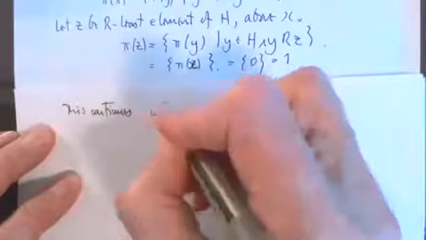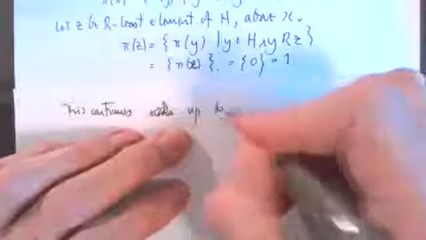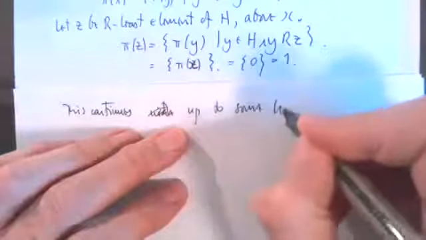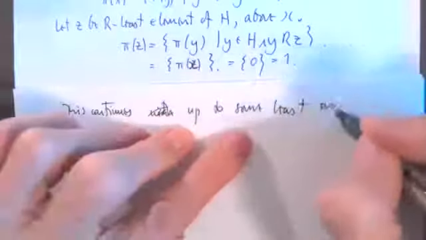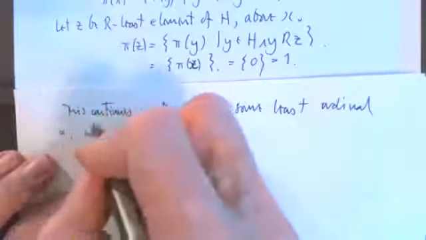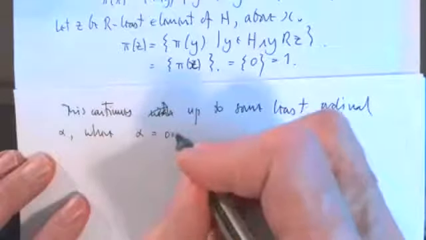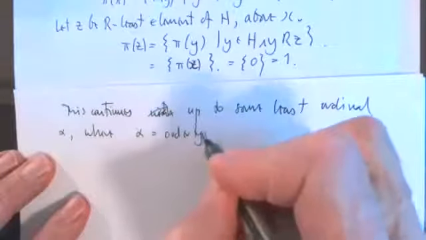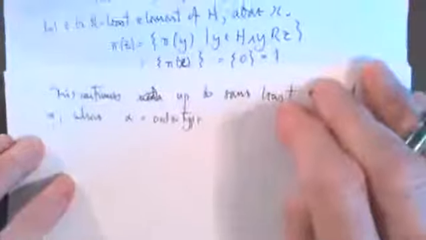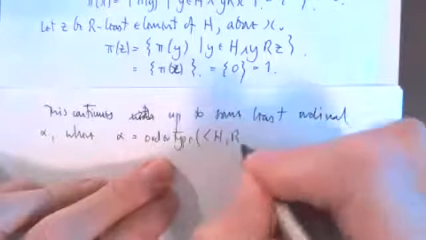This continues up to some least ordinal alpha, where actually alpha is the order type. An order type means precisely the least ordinal isomorphic to the well ordering of HR.